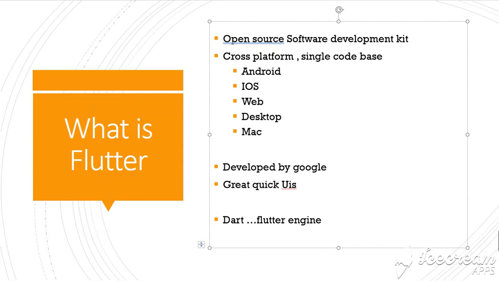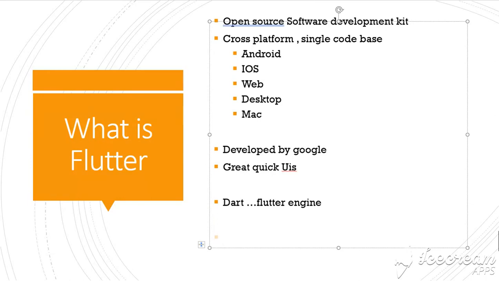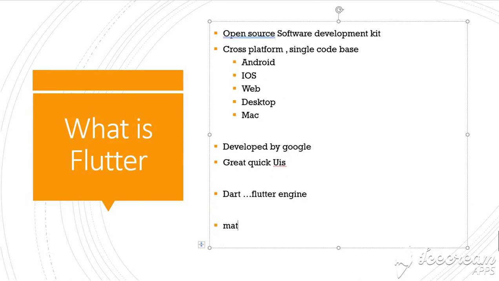And the other is the Cupertino widgets, which is developed by Apple for iOS devices. So Flutter widgets are divided into two categories: one is Material Design, and the other is Cupertino. Sorry, it was a typo, Cupertino.